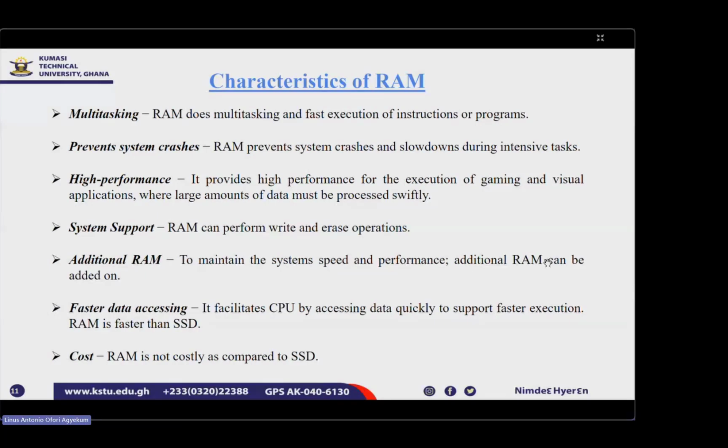So you can access data faster. In terms of cost, if we are comparing the RAM to the solid state drive, then we can say that the RAM is not costly, or it is cheap. So these are the characteristics of the RAM.